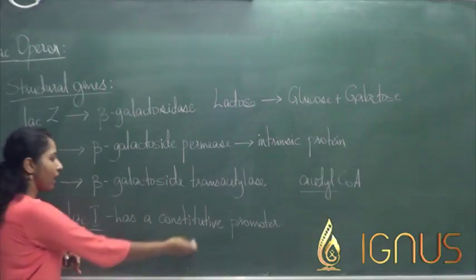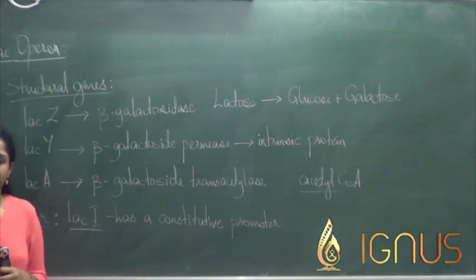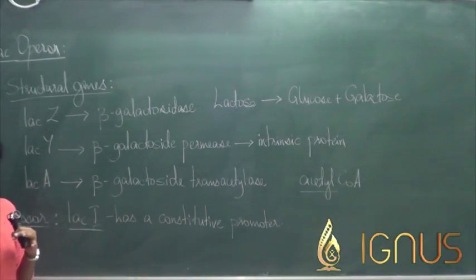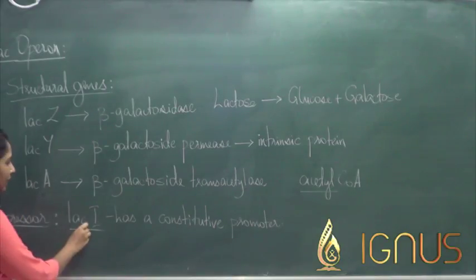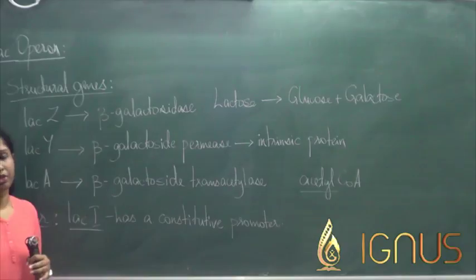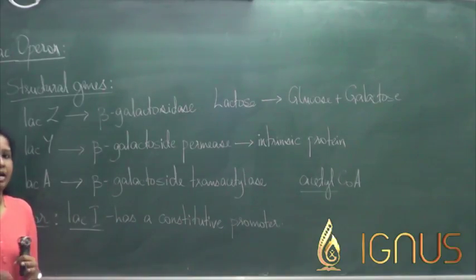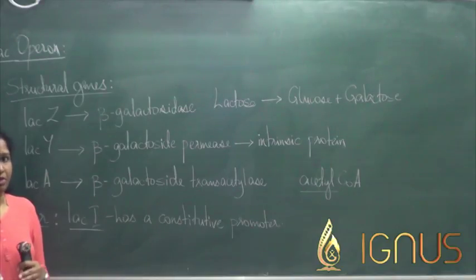When you have a constitutive promoter, it means that it is on 24/7. It does not stop producing the repressor molecule. So this LAC-I gene is always going to get transcribed to an mRNA, and that mRNA is going to give rise to a protein, and that protein is the repressor protein.